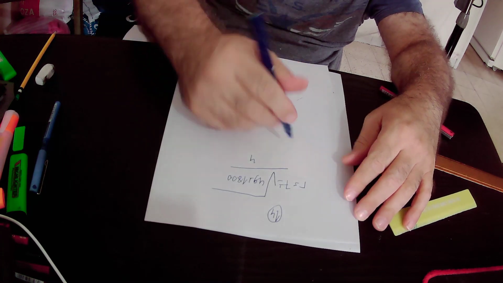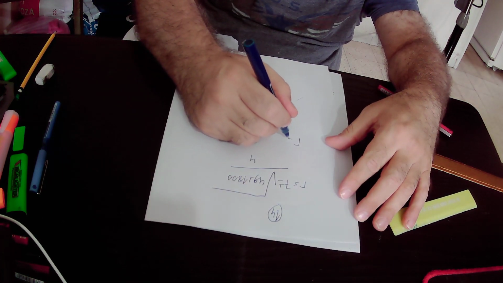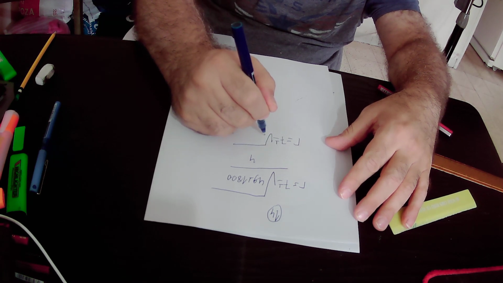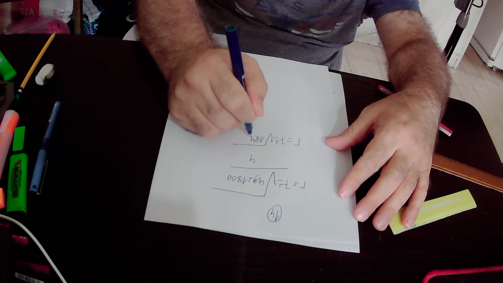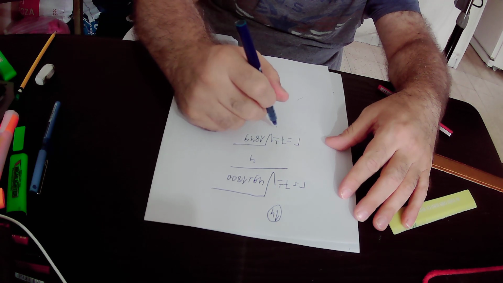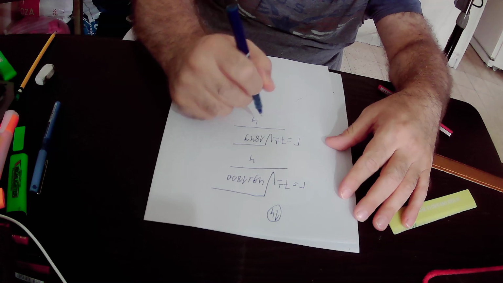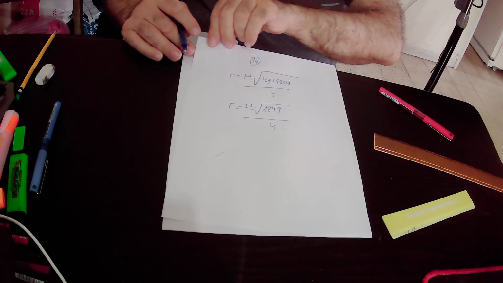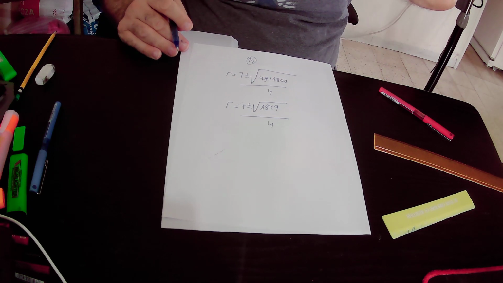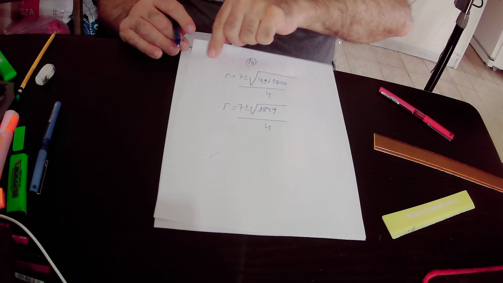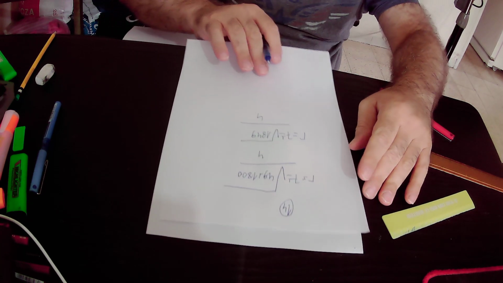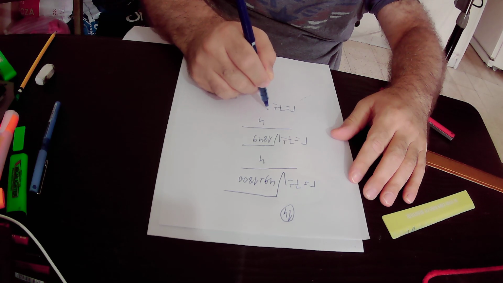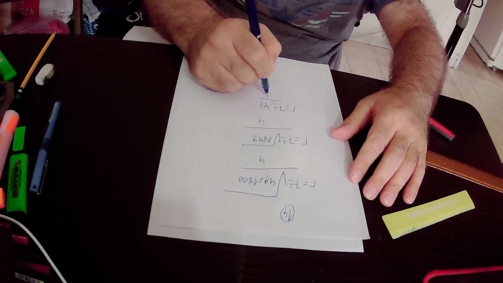We'll get that r equals 7 plus minus root of 1849 over 4. So r equals 7 plus minus root of 1849, which is 43, over 4. So r equals 7 plus minus 43 over 4.